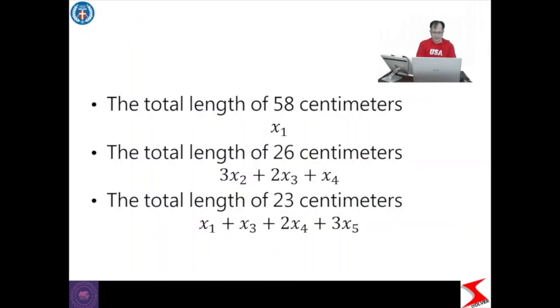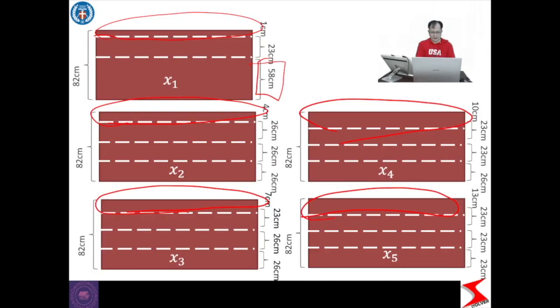And for 26, where does the spec come from? It comes from the second method, right? We have 3 X2, 2 X3, and 1 X4.